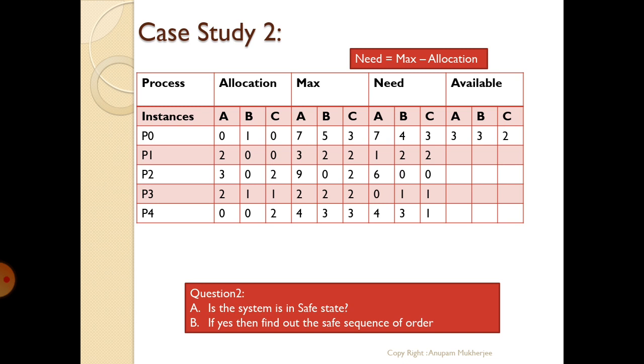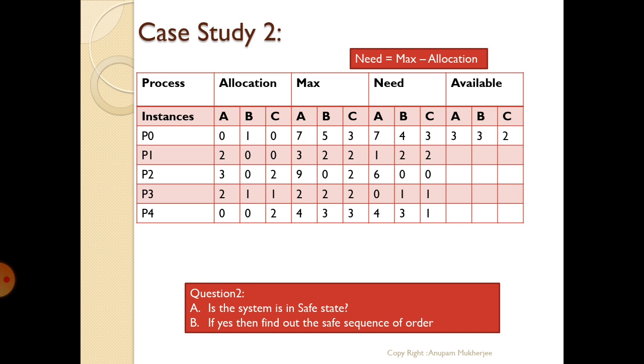Similarly 1 minus 3 minus 1, and similarly 5 minus 1, that is 4, and 3 minus 0, that is 3.